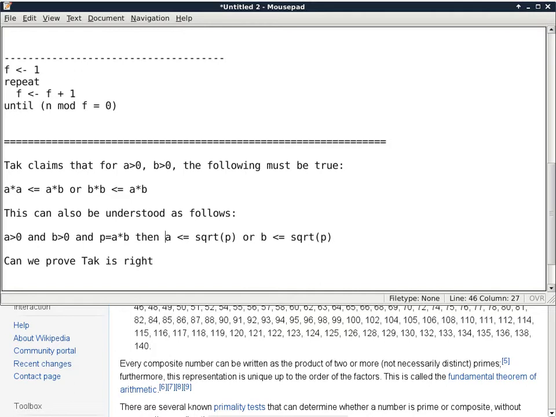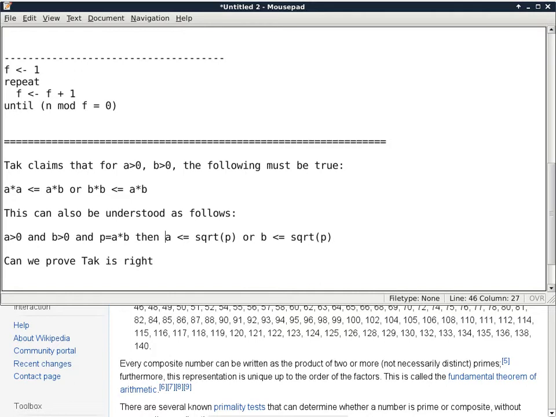So what I want to do is to prove that I'm right. But you know what? To prove that I'm right, I'm going to use a kind of tricky way of proving it, which is called proof by contradiction. Now, proof by contradiction is kind of interesting because it says, let's see what happens if the claim was wrong. Let's see what it will lead to if this particular claim is actually wrong.